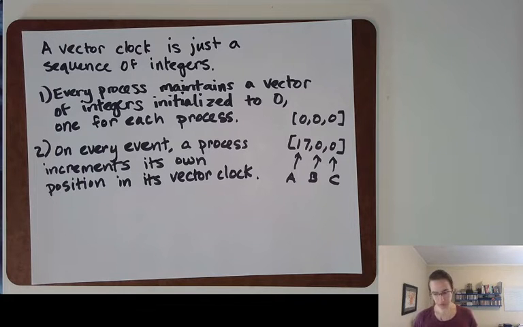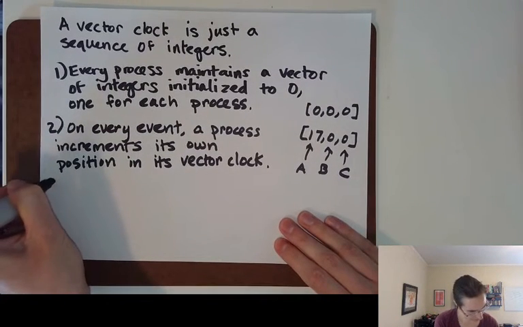Okay, so what's next? We've seen every process is going to keep a vector, and on every event, a process is going to increment its own position in the vector clock. This is sounding not too different from Lamport clocks so far, except that you just increment your own position instead of the one number that you have. Okay, what about sending?